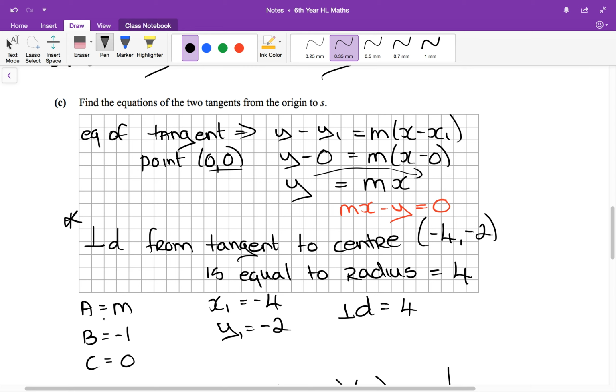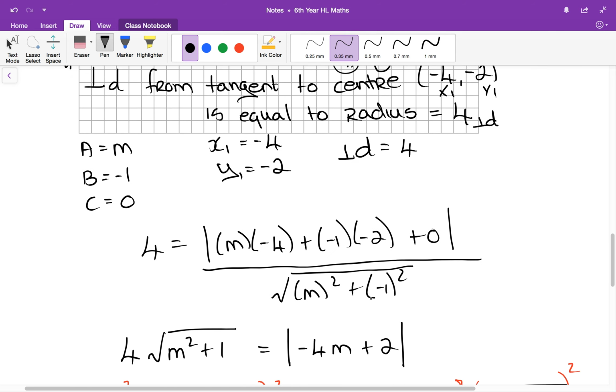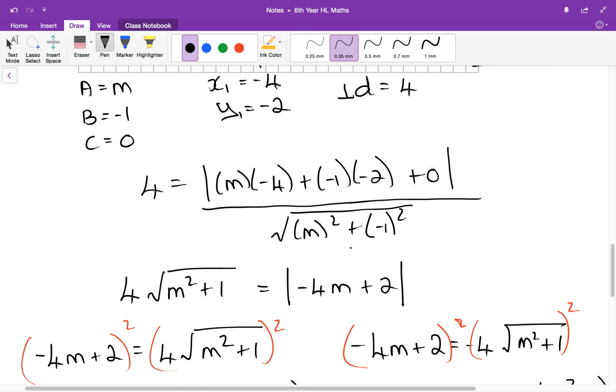A is here, B is here in front of y. This equation has no c, so c is 0. x1 is here, y1 is here, and then the length of the radius is the perpendicular distance. So put that into the perpendicular distance formula. I brought this up here as a multiplier, so this is what I have.